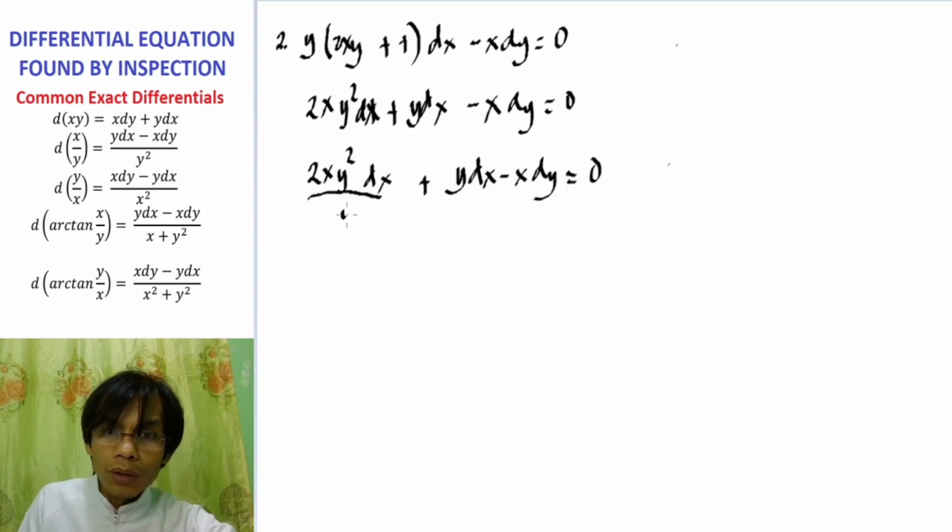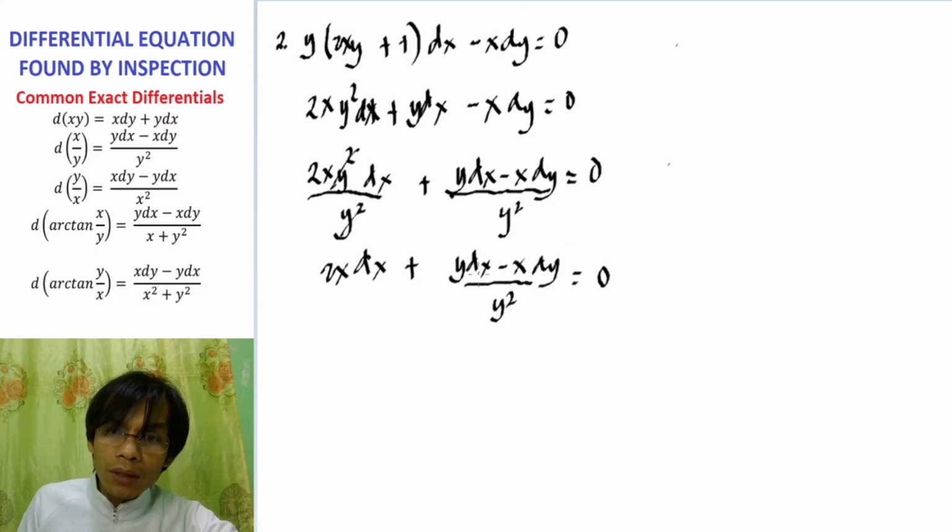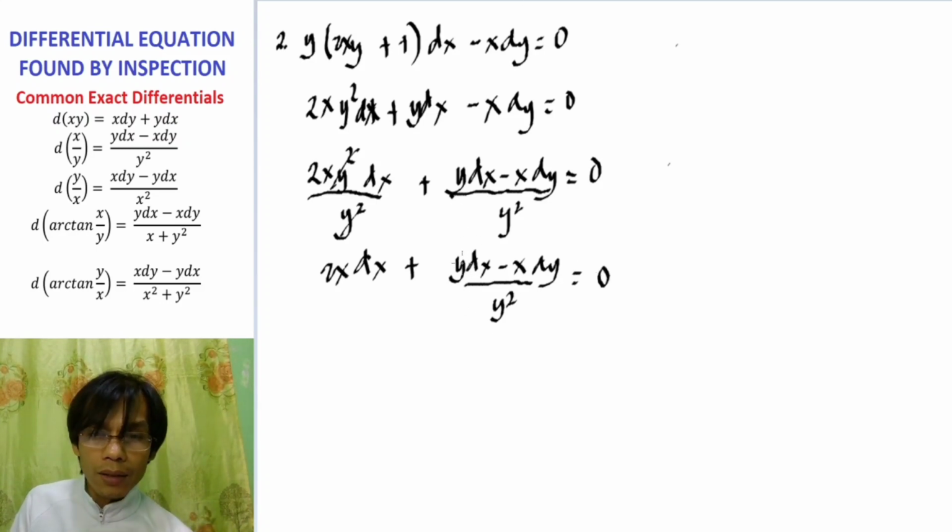And if we divide by y squared in here, and also y squared in here, what happens is it cancels out, and then 2x dx plus (y dx minus x dy) over y squared. That is equal to 0. Now, are you seeing an exact differential? Yes, this is an exact differential, this one.